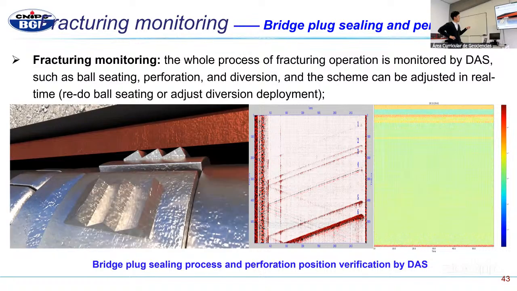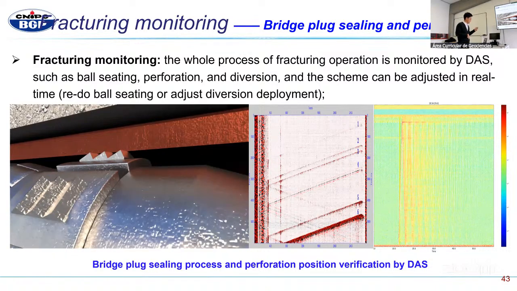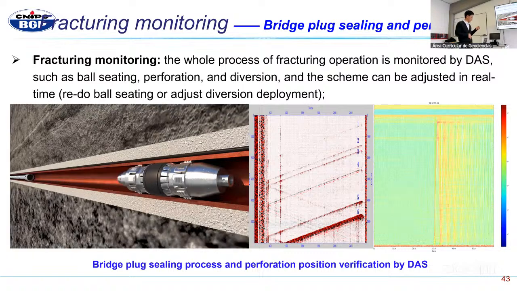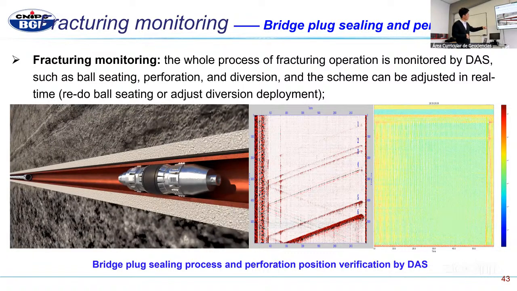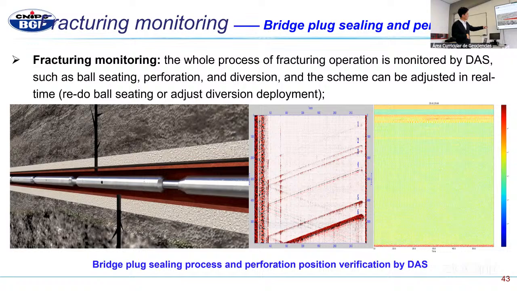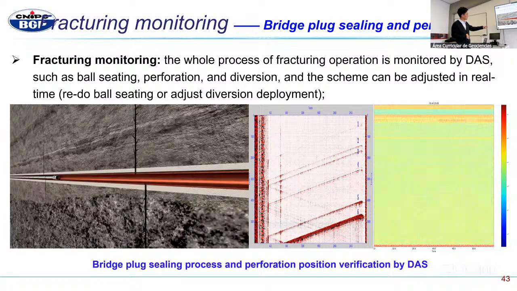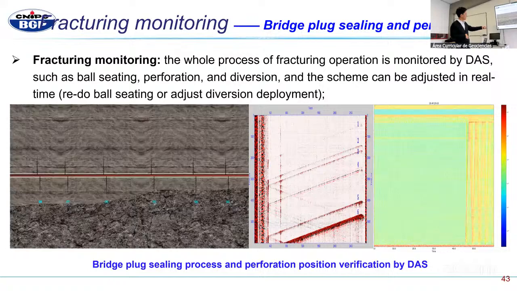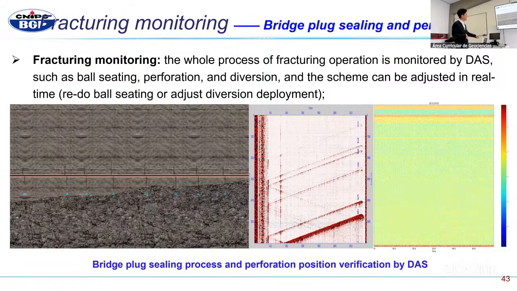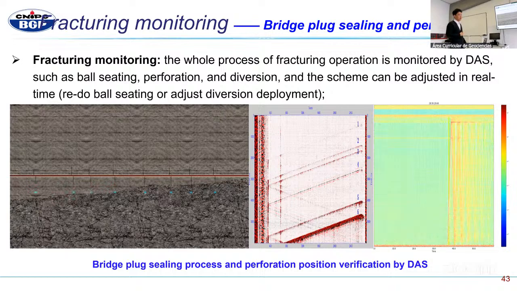So as you can see here, this is the signal we record by DAS. This perforation, signal 1, signal 2, signal 3, 4, 5. And the highest one, I think, is the perforation bond, the perforation.